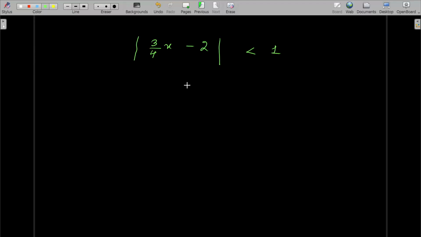I will write the general solution for this case. When absolute value of x is less than a, we get x greater than negative a and x is less than a.